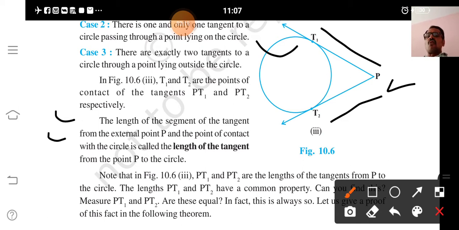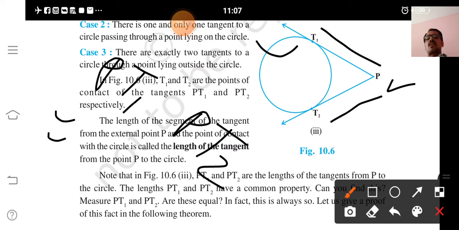So now what do you think about PT1 and PT2? How can this PT1 length and PT2 length be? From the figure, observe. Yes, from the figure it's clear that both lengths are equal.